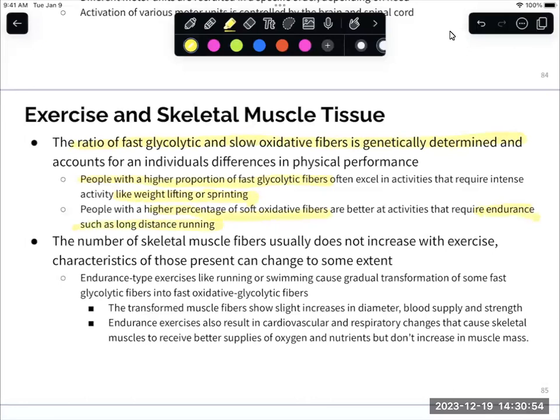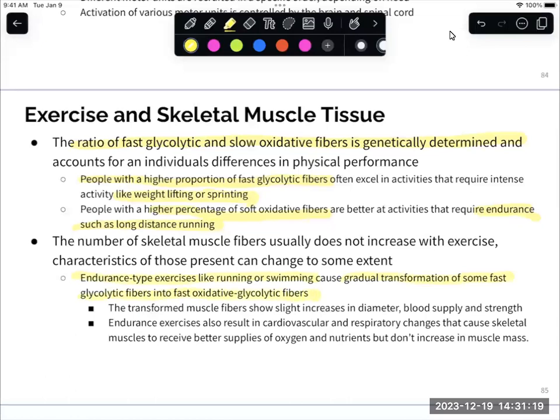We don't increase the number of muscle fibers with exercise, but characteristics can change to an extent. So endurance type exercises like running or swimming, they can transform some of those fast glycolytic into fast oxidative glycolytic.